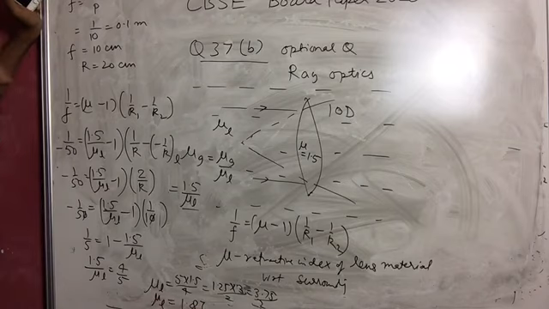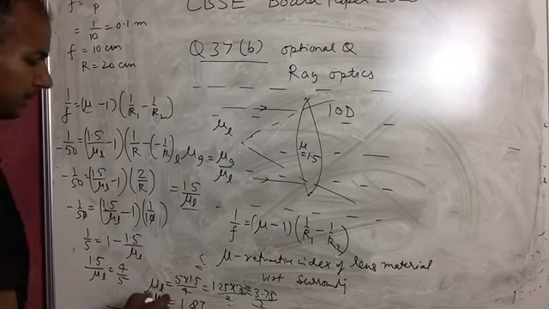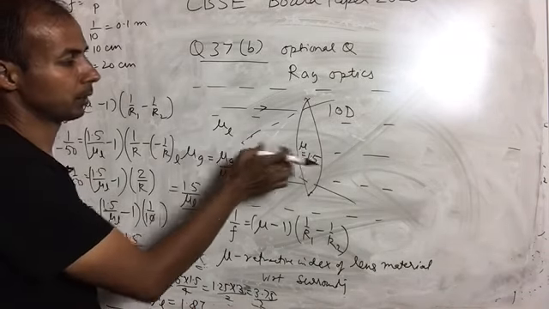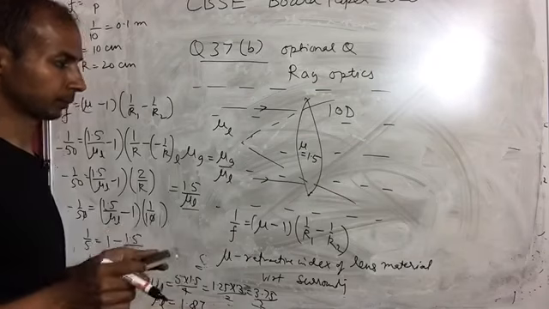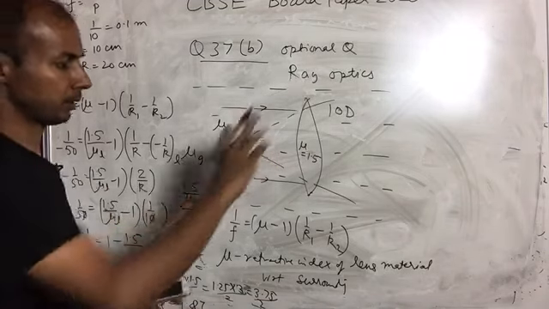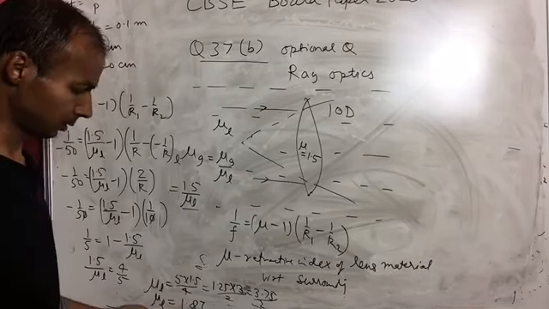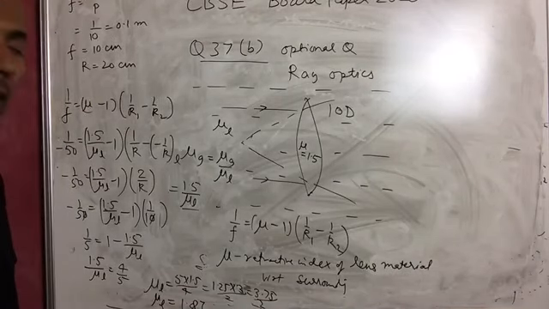Refractive index of liquid. Liquid is definitely refractive index of liquid will come out to be more than this, and that is the reason it is diverging. So that's your answer. Refractive index of liquid 1.87.